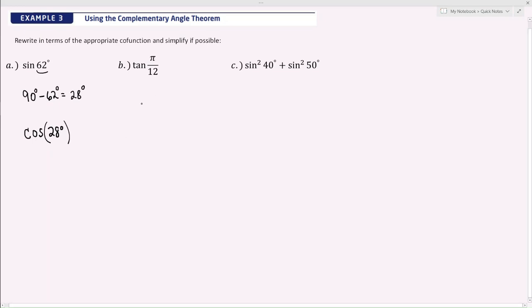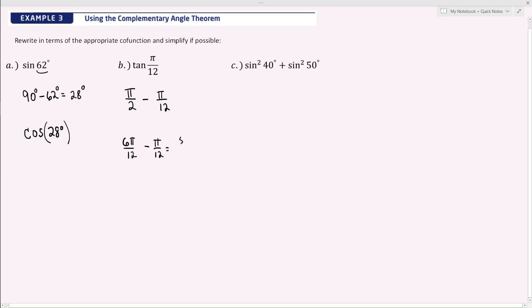Okay, here, in terms of radians, 90 degrees is represented as pi over 2. So if I take pi over 12 and add it to its complementary angle, I would get pi over 2. So I take the difference of pi over 2 and pi over 12. I need a common denominator, so I'm going to write pi over 2 as 6 pi over 12, minus pi over 12.